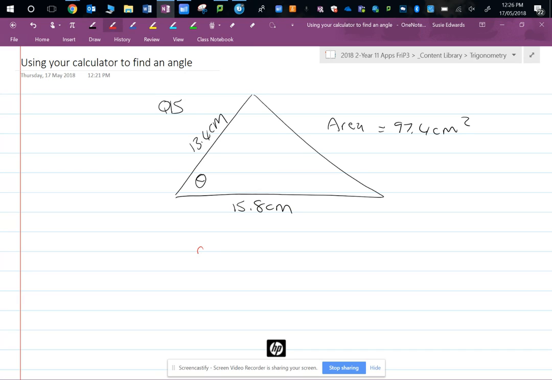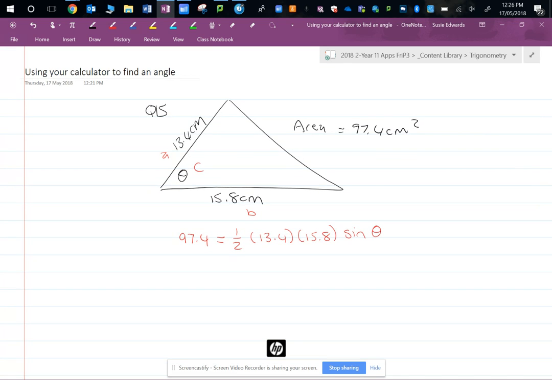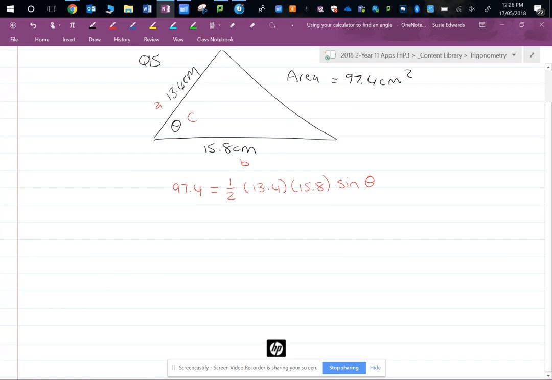So we say 97.4 equals half times A times B times sine C. So half of 13.4 times 15.8 times sine theta. Everyone okay to that point? We're just using the formula, subbing in the numbers. Now you have two options.